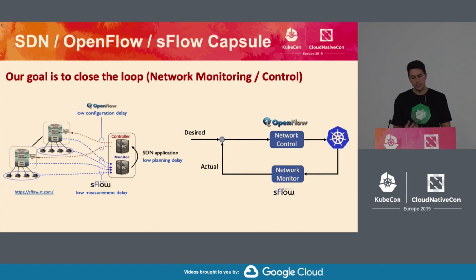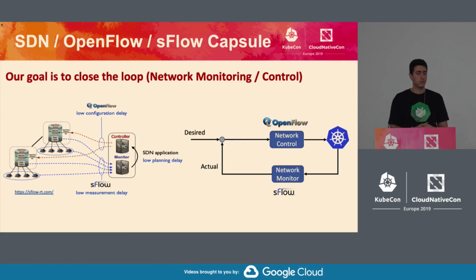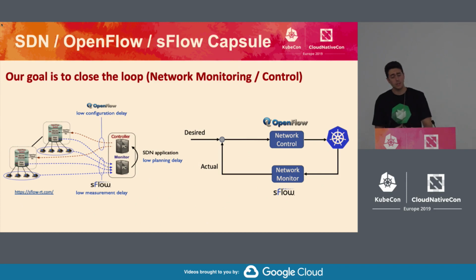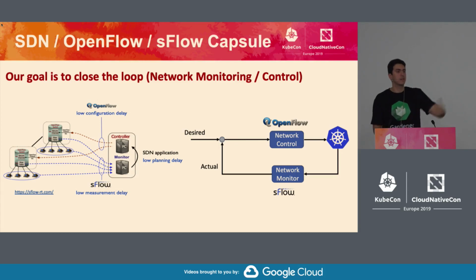And the monitoring side can be achieved in many ways. For example, you could use SFlow for sampling traffic. You could use NetFlow. There are many other tools, but for this presentation, we're going to give an example based on SFlow. What we're trying to build is basically a control system. You have the desired and the actual result, and the desired result is having a way to monitor and control your traffic.